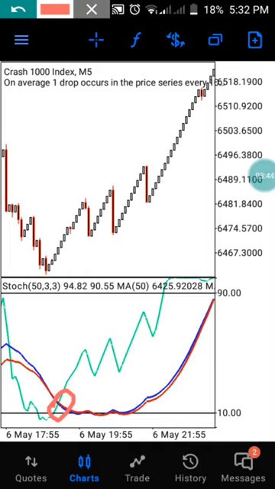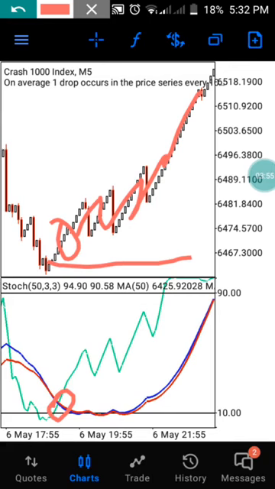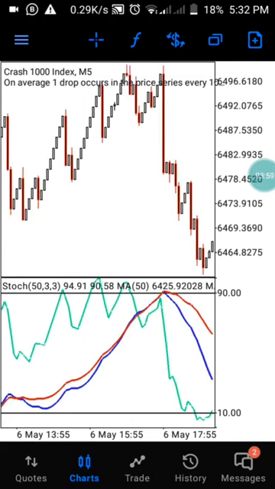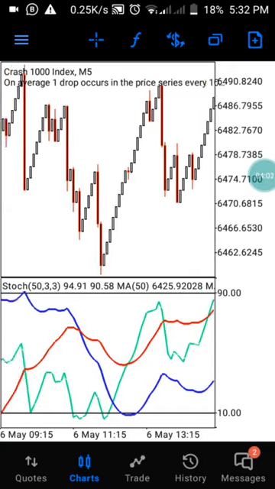You will find your entry at this level, and that particular level will be your stop loss. You can keep on counting your candles until you reach your 10 candlesticks, then you are out of the market.